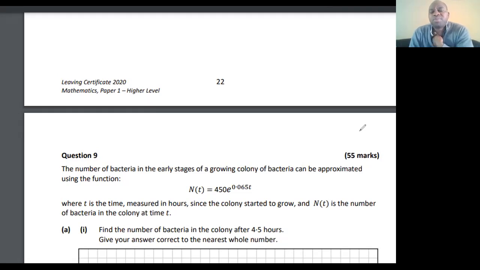But irrespective of the question, it's just the basic thing you need to know: how do you get marks, reasonable marks, even though the question is tough?